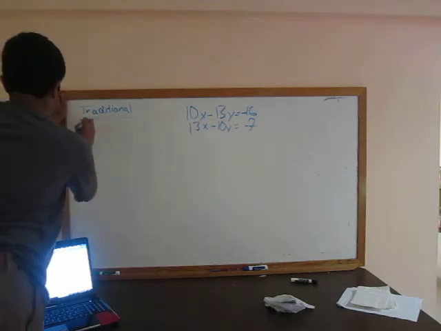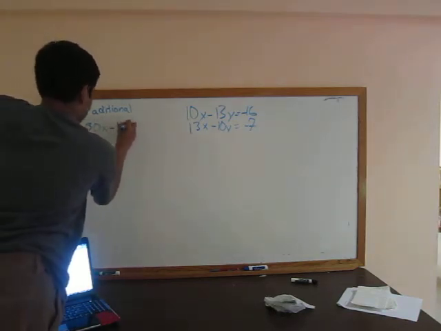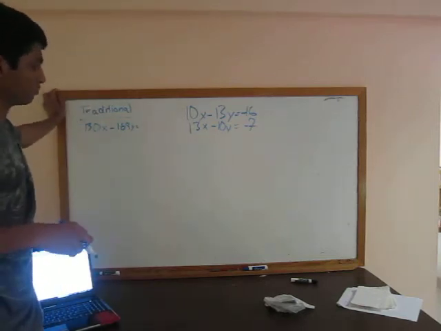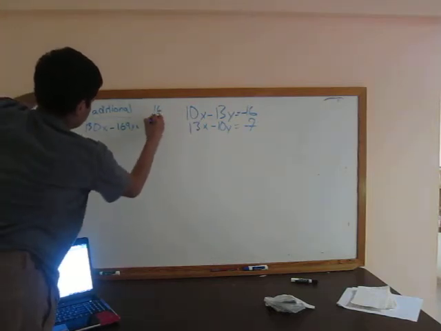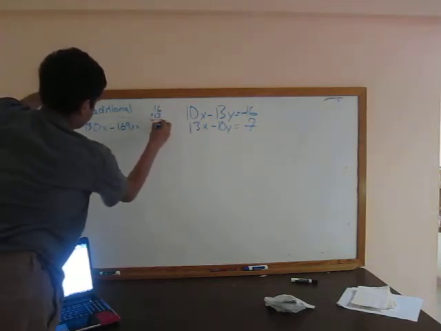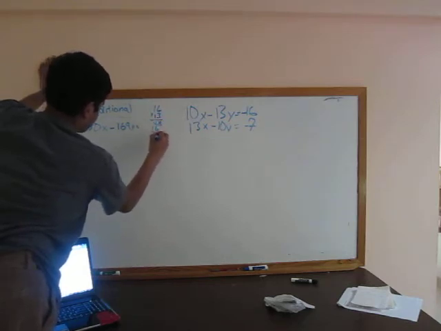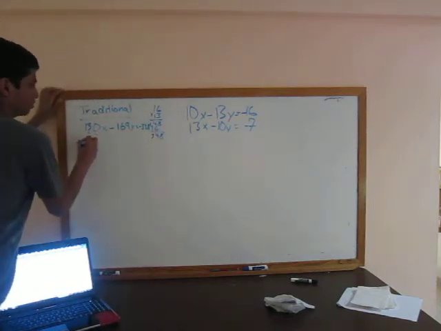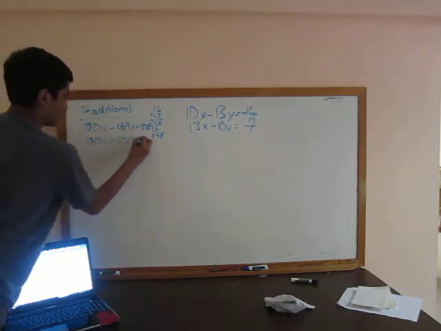So this would be 130x minus 169y equals, I'm essentially multiplying the top equation by 13, 16 times 13, negative 208. And then 130x minus 100y equals negative 91.